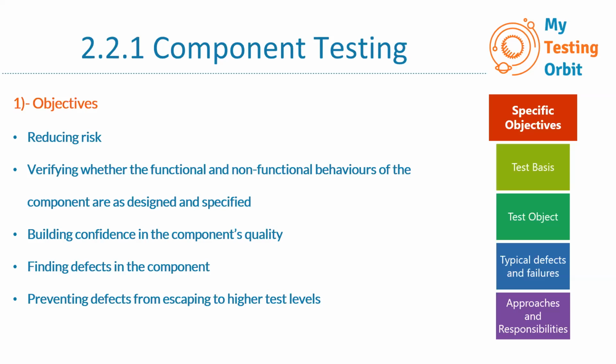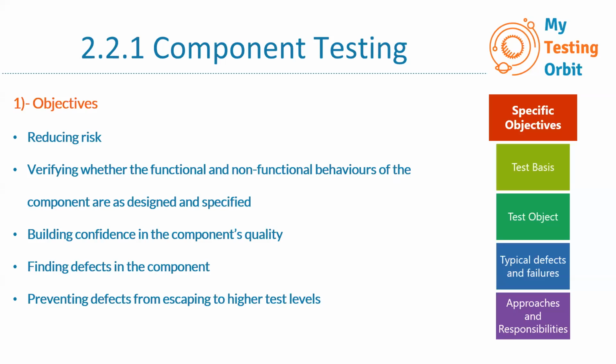The fourth one is finding defects in the component, which is also related to the next one, preventing defects from escaping to higher test levels. When we find a defect during component testing, we fix it and retest it.